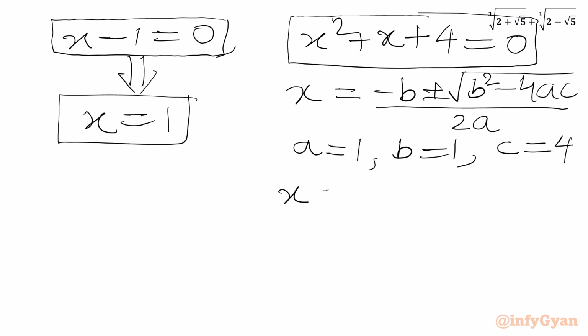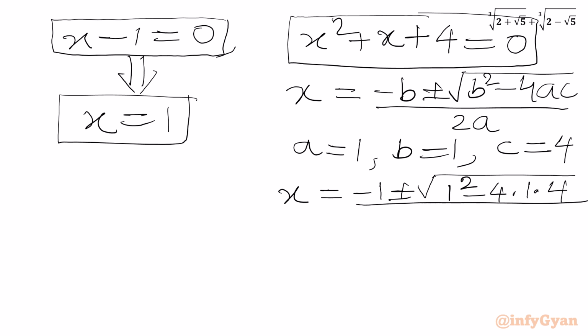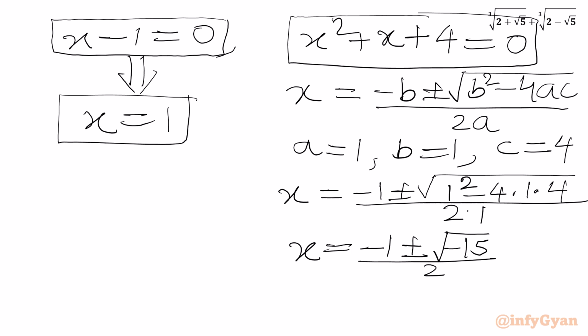Let's find out x will be equal to minus b, so minus 1 plus minus square root of b square is 1 square minus 4 times 1 times 4 over 2 times 1. So I can write x will be equal to negative 1 plus minus square root of 1 minus 16. So I will write minus 15 over 2.